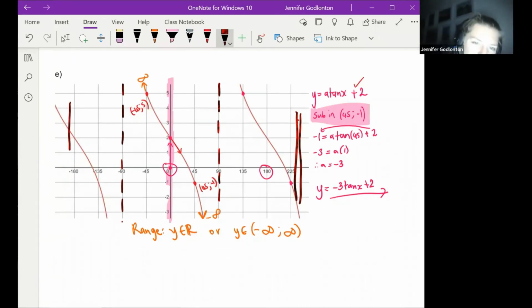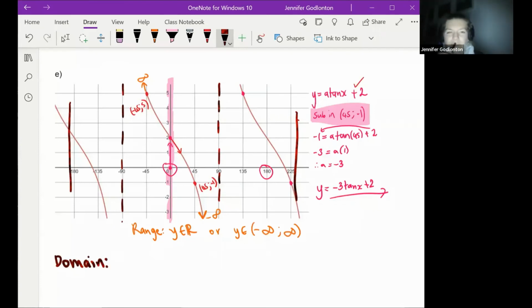What would be my domain? Who thinks that they can figure this one out? I'm telling you that I'm choosing between -180 and 225. Can someone help me out and figure out how I could write my domain for this one? What's my domain that I'm seeing?